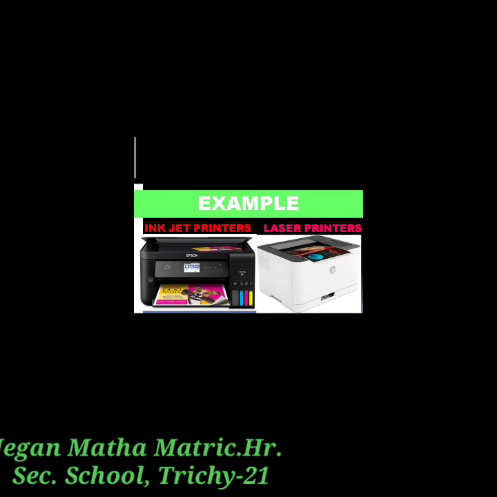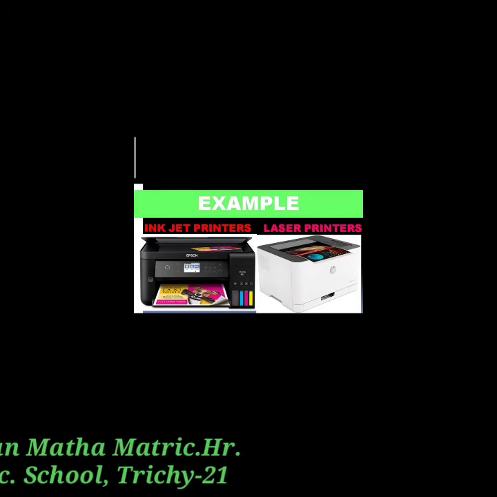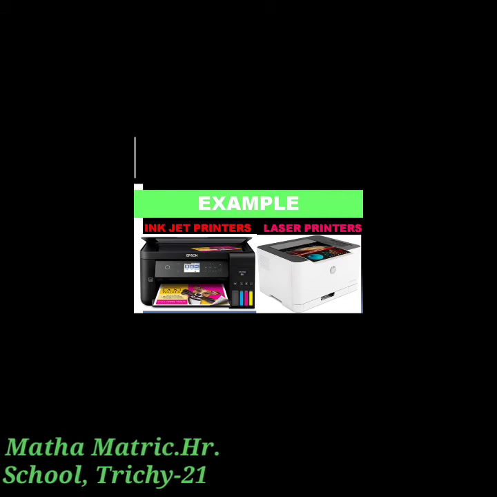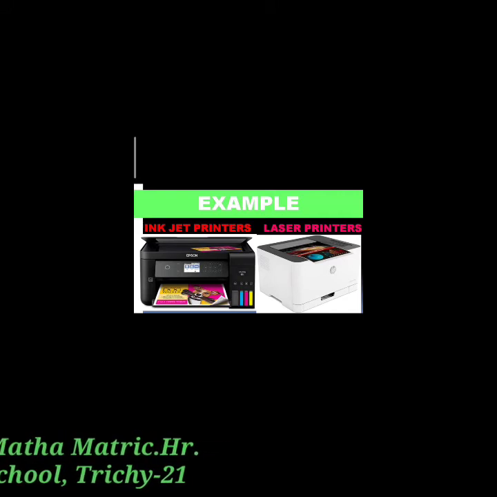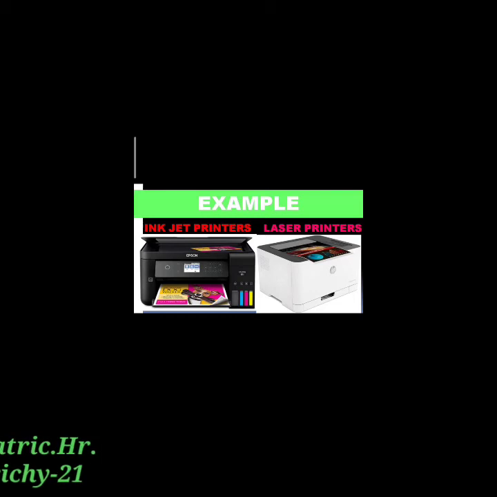Then inkjet printers. An inkjet printer uses color cartridges combined with magenta, yellow and cyan inks to create a color tone. A black cartridge is also used for monochrome output. Already we know that monochrome means either black or white.